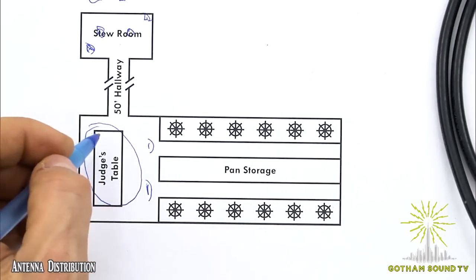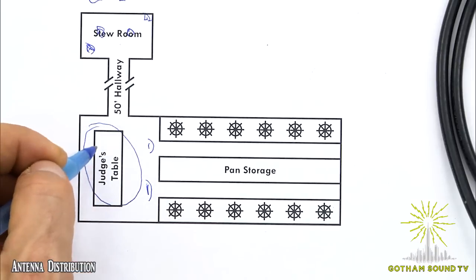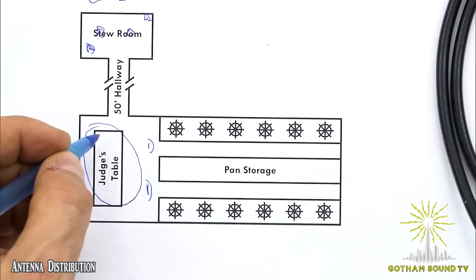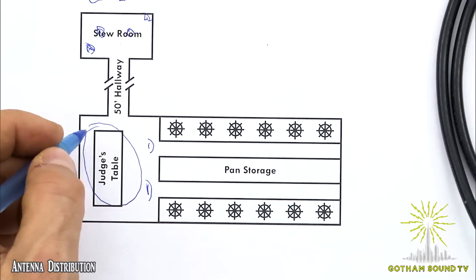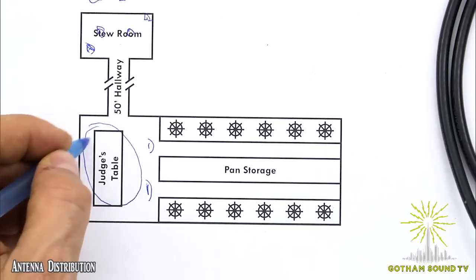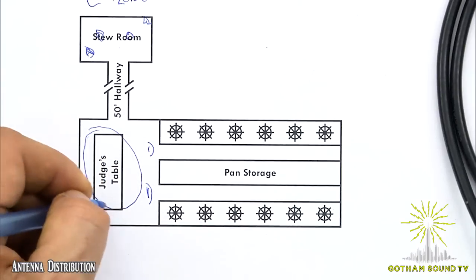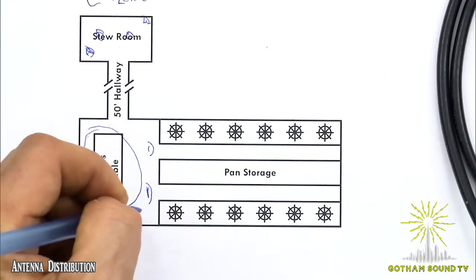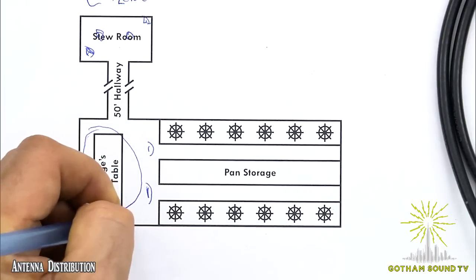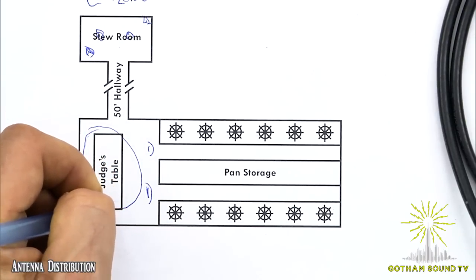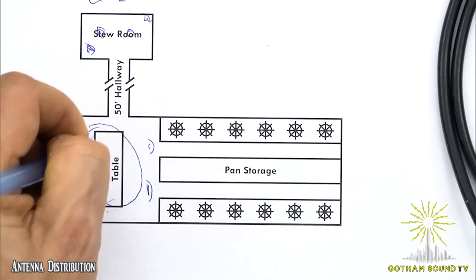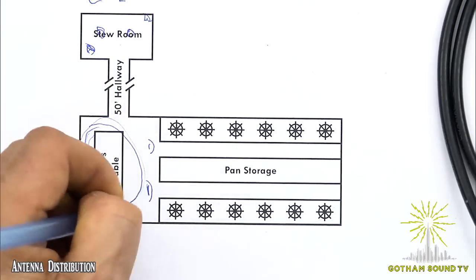And then, in terms of thinking about sensitivity, I might either use the RF Venue spotlight antenna on the judges table, or I might use two antennas that might be dipoles here and here. But I think I would actually use the RF spotlight.